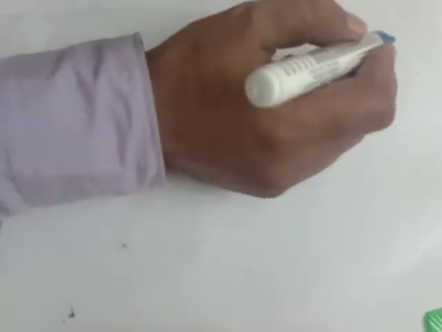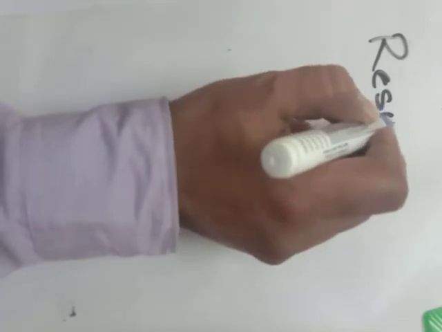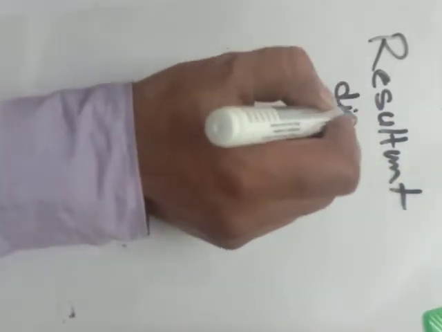Now I will calculate displacement. What is total displacement? The total displacement is known as resultant displacement.